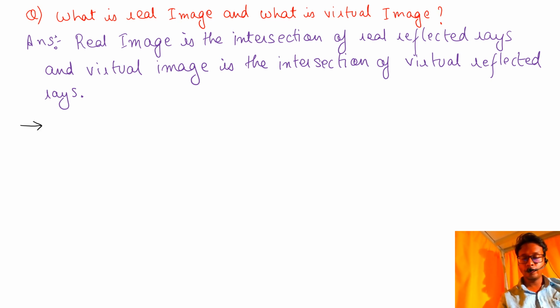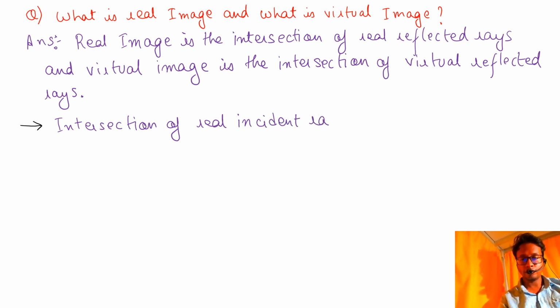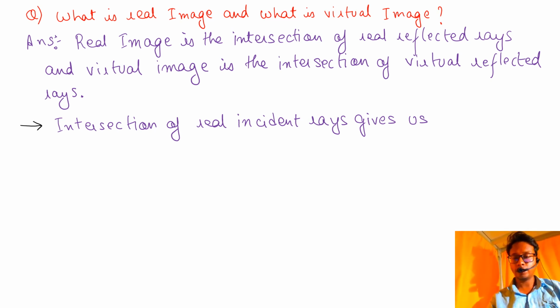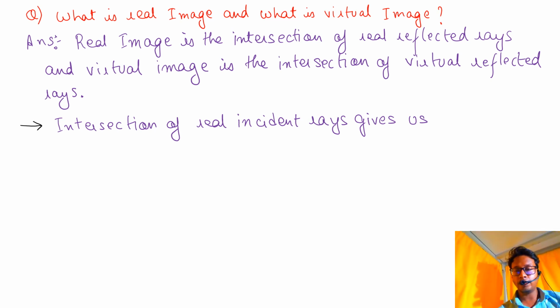Okay. Similarly, intersection of real incident rays gives us real object. Intersection of real incident rays gives us real object.